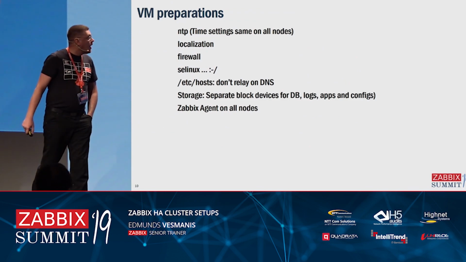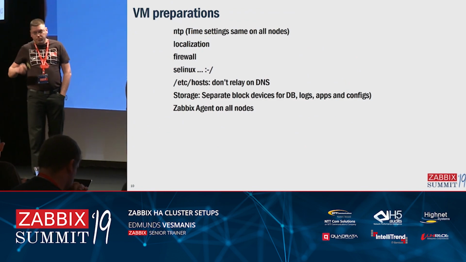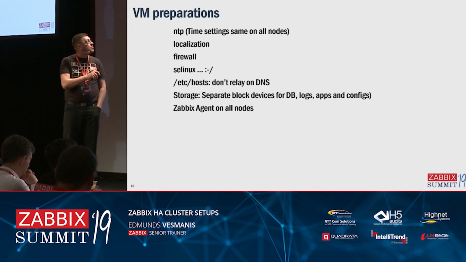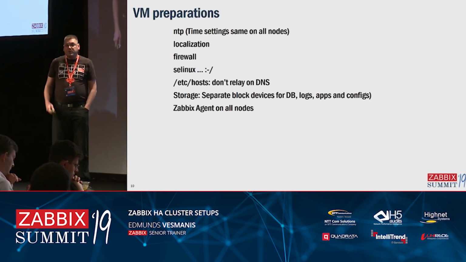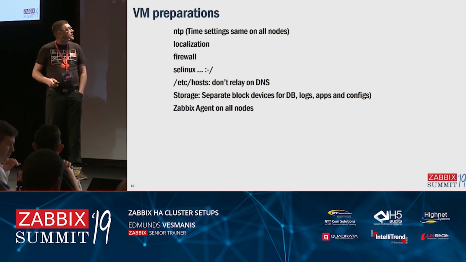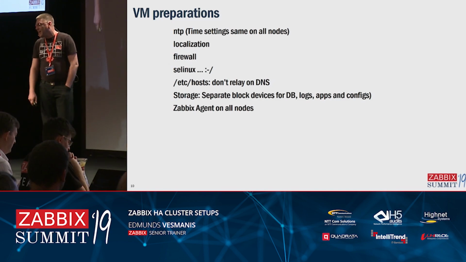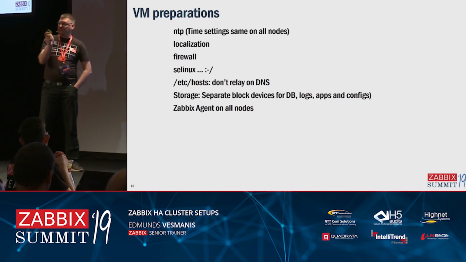Then on each one of the boxes, virtual machines, we need to, of course, set time settings, localization, and firewall, whether you are using it or not. At first, you would maybe switch it off. SELinux, always a troublemaker, so we just switch it off.